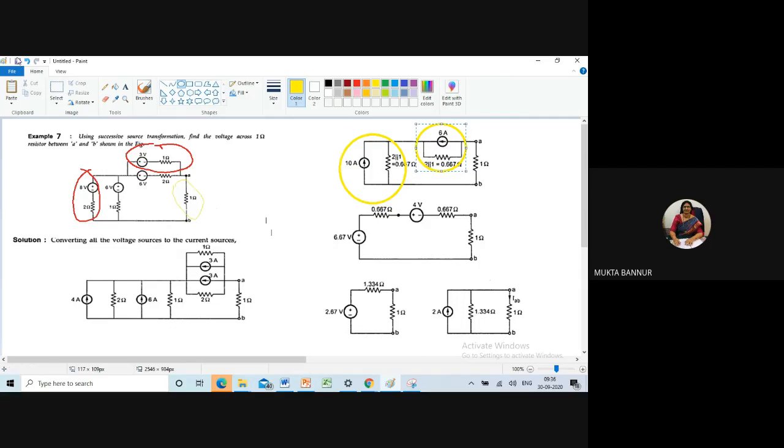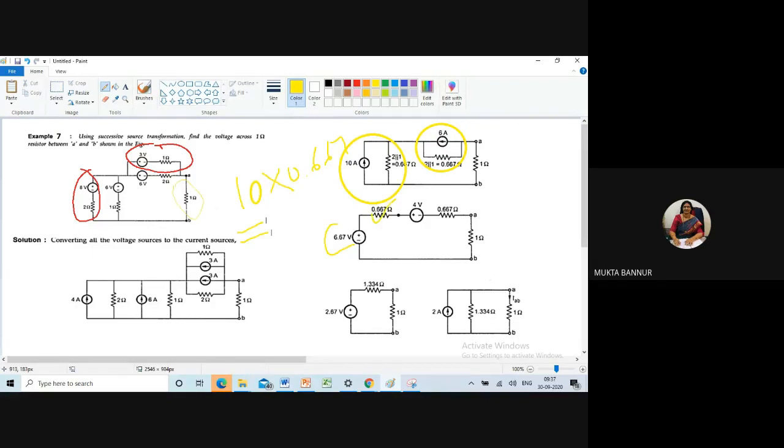Okay. See, now I am applying voltage transformation, that is 10 into 0.667 equal to what? 6.7. Whatever the resistance was there across the current source, I will be connecting in series with the voltage source, that is here.